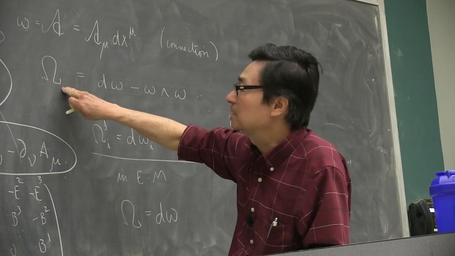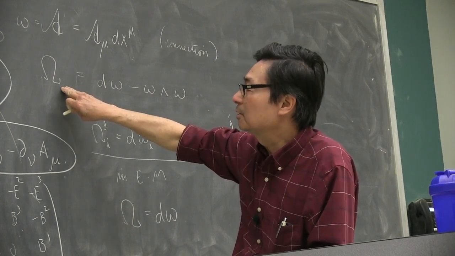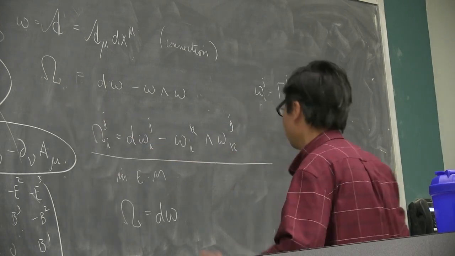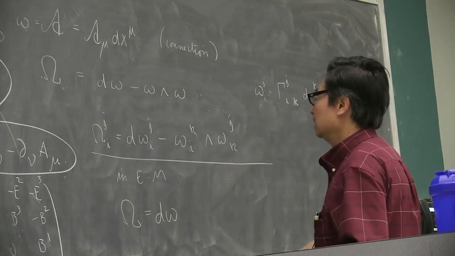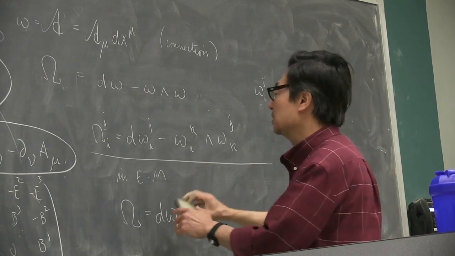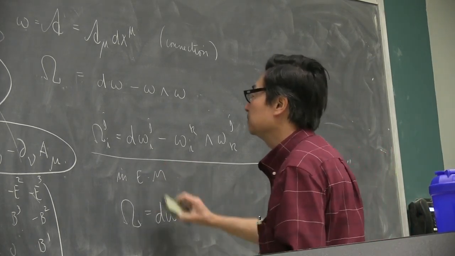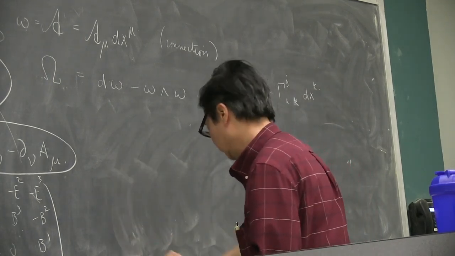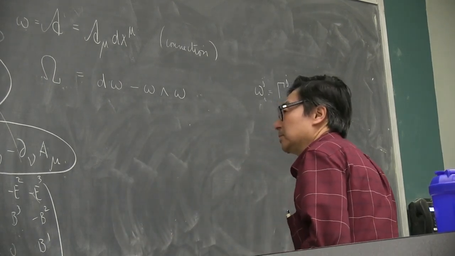In physics, this is called a field tensor, or a two-form corresponding to the field tensor. Let me try to do this differentiation, actually. I'm going to define my field tensor in this way.